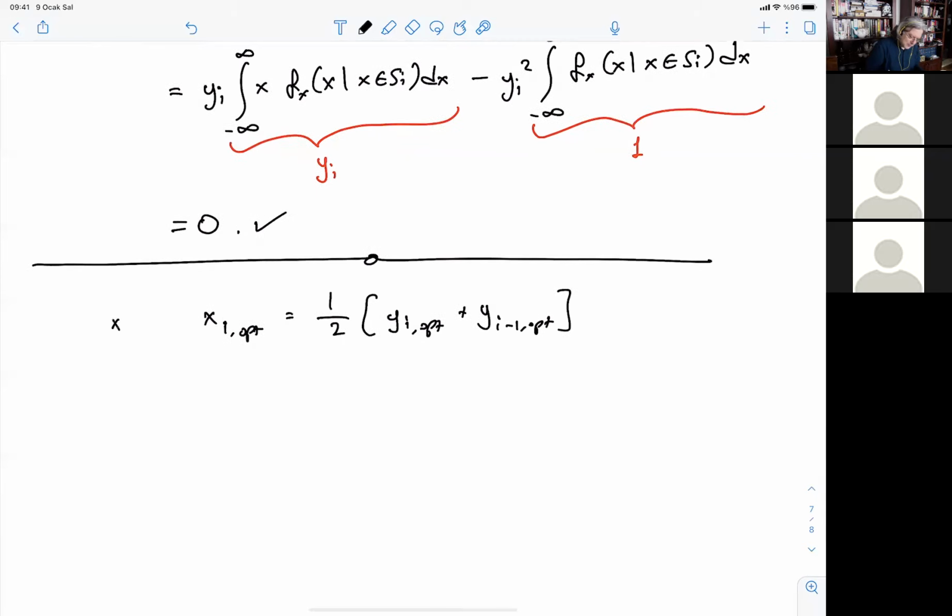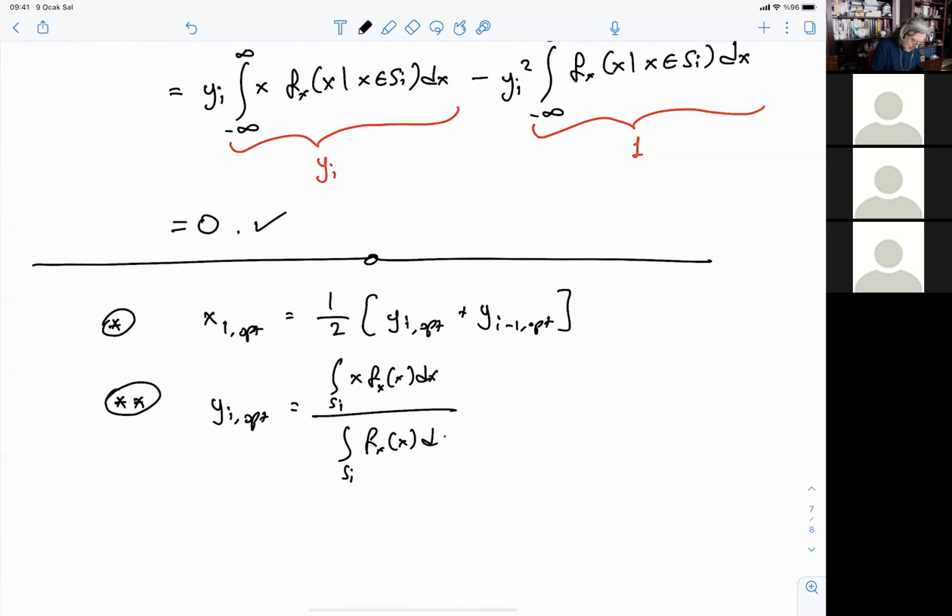That is the first, and the second iteration is telling me that yi optimal is equal to the center of mass of the region, which is the integral over Si of x times fx of x dx divided by the integral over Si of fx of x dx, which is the formula for the centroid.